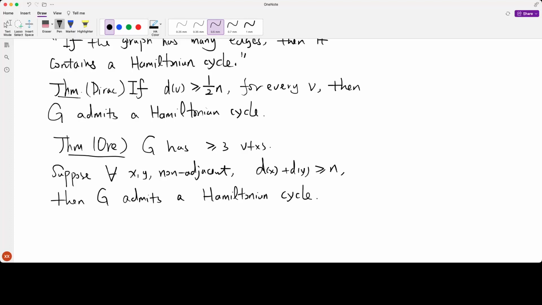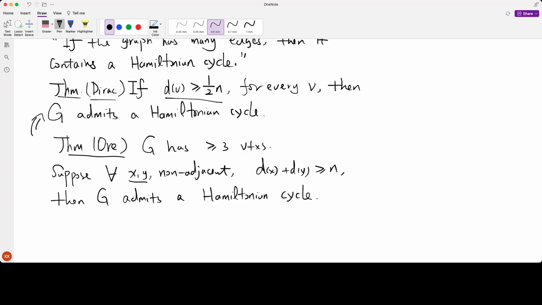Okay, it is pretty clear that this is stronger than Dirac. Because if a graph G satisfies this condition, first of all, you can pick a pair xy which is non-adjacent. Otherwise, the graph is a complete graph. So you are able to choose at least 2 vertices that are non-adjacent. And then you know that the degree sum of them is greater than or equal to n, because you assume the Dirac condition.